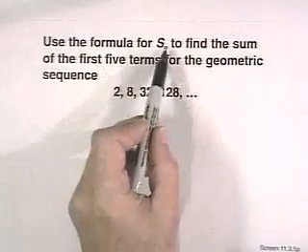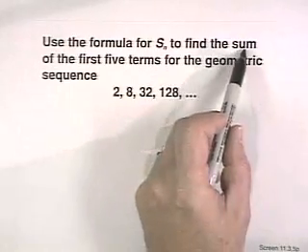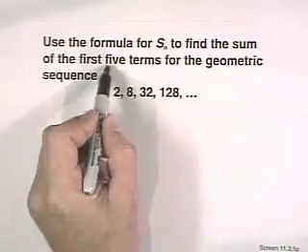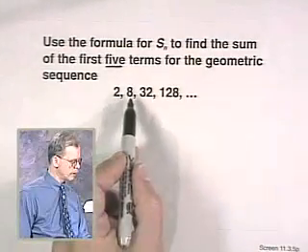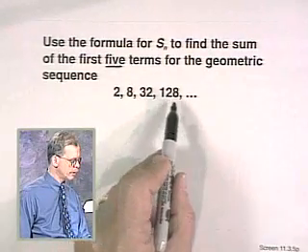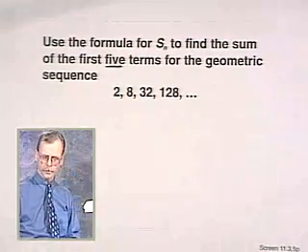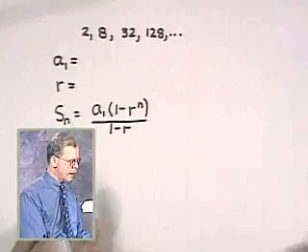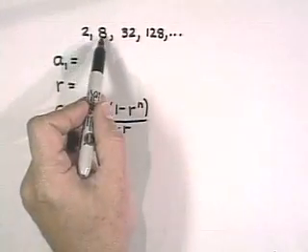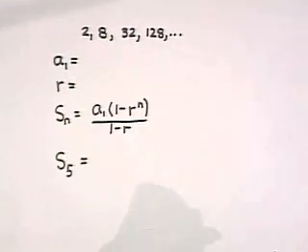We'll use the formula for S sub n to find the sum of the first 5 terms for the geometric sequence 2, 8, 32, 128, and so on. We take what we know first: we have a sequence 2, 8, 32, and 128.